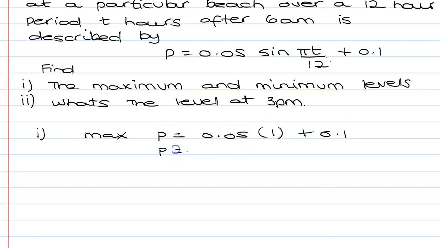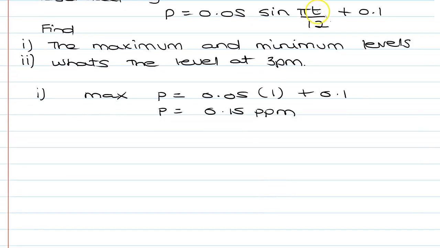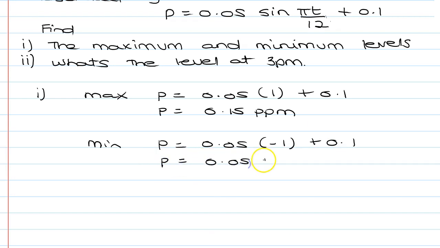Working that out tells me that it's 0.15 parts per million, and that's our maximum. For the minimum, I'm going to replace the sine bit with -1. So the minimum, P equals 0.05 multiplied by -1 plus the 0.1. That tells me that the minimum is 0.05 parts per million.